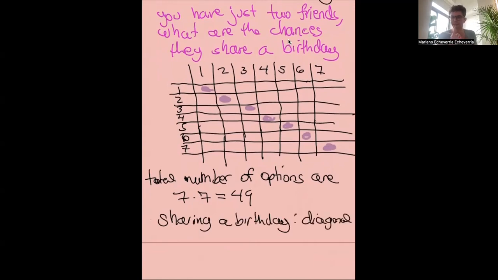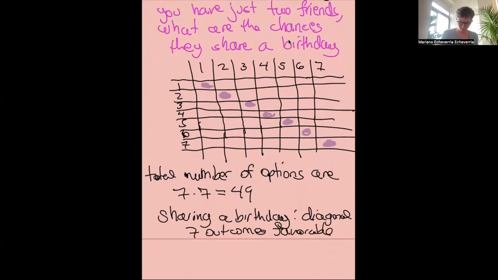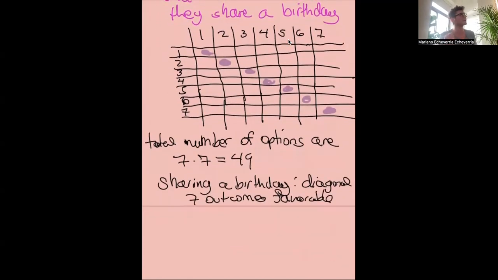So that would be 7 outcomes which are favorable, right? So the probability, again, remember, is the number of favorable outcomes divided by the total number of possible outcomes. So the probability of 2 friends sharing a birthday is just 7 over 49. So it's 1/7, right?